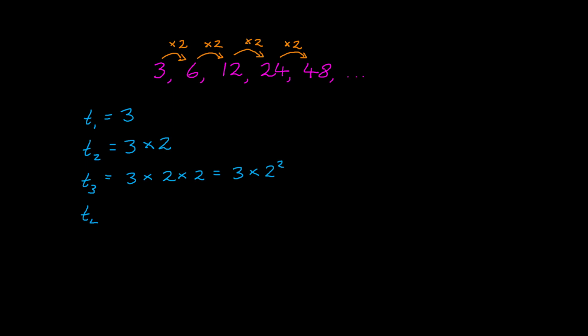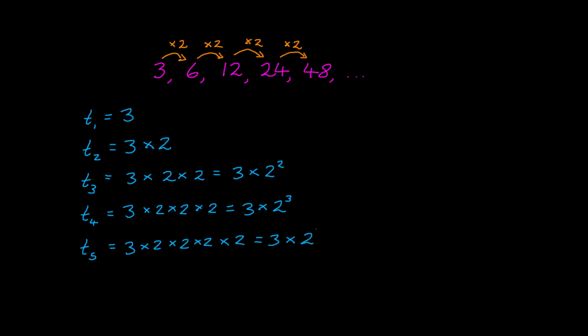The fourth term is equal to 3 times 2 times 2 times 2, or 3 times 2 cubed. And the fifth term that we have there is 3 times 2 times 2 times 2 times 2, or 3 times 2 to the power of 4.